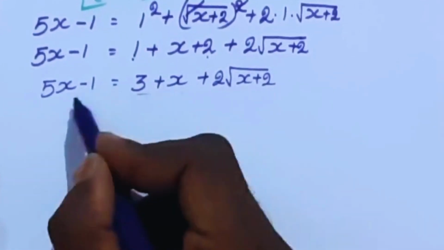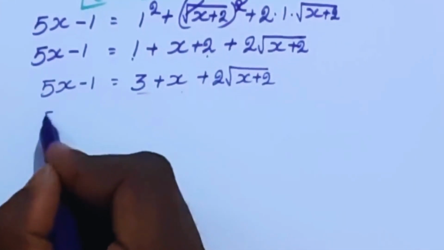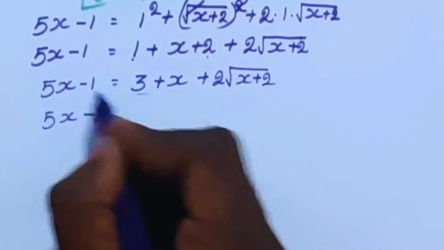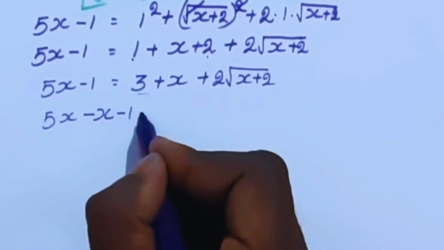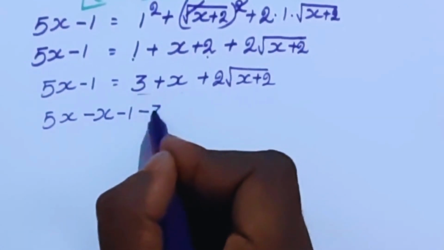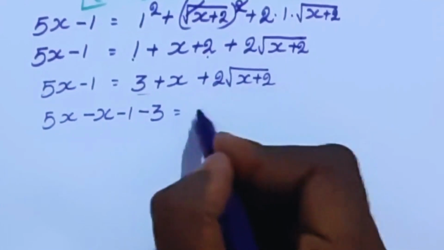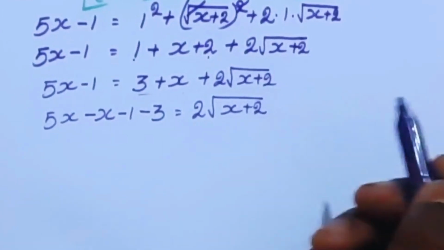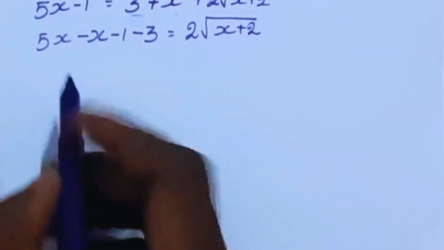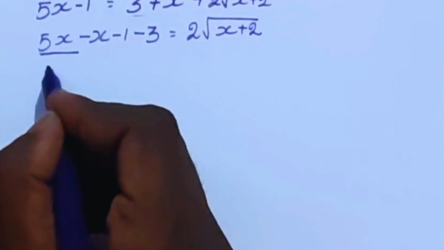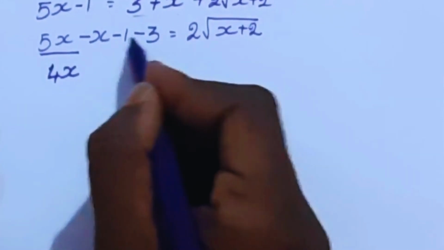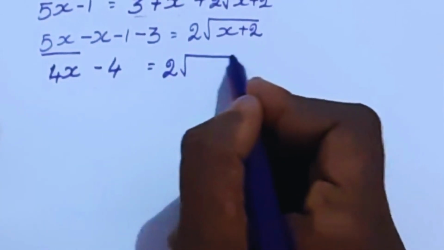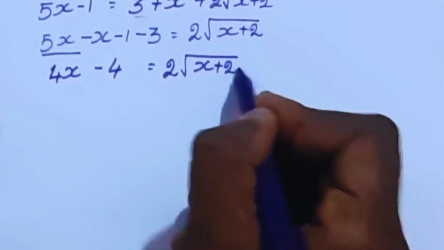Now we are moving this to the left hand side, so we get 5x, this is minus x, here minus 1, and this comes to the left hand side so it is minus 3, equal to 2 square root of x plus 2. Now this is 4x, here minus 4, equal to 2 square root of x plus 2.